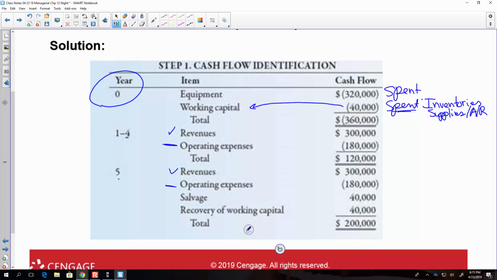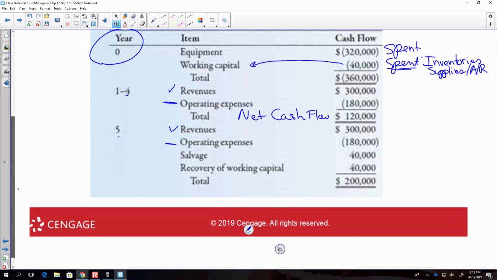So in net, I'm getting 120 net cash flow. Does that make sense? But what's different in year 5 is what's happening. I sell it for $40,000 at the end of its life. That's my salvage. And I'm also selling all those inventories and supplies that I no longer need at the end of its useful life. So instead of the 120 net cash flow, in year 5, my net cash flow jumps up to 200. So now I have an uneven cash flow at this point.